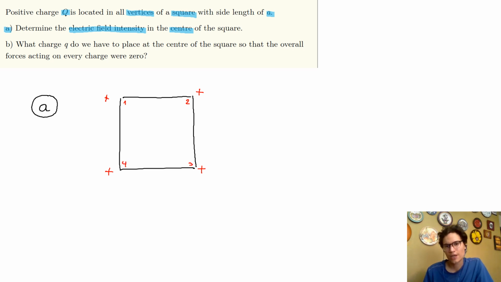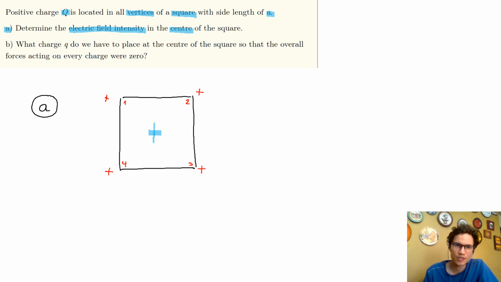So the concept of the electrical field is basically the force that results from putting a positive test charge on a point. In this case, there will be a positive test charge in the center of the square.